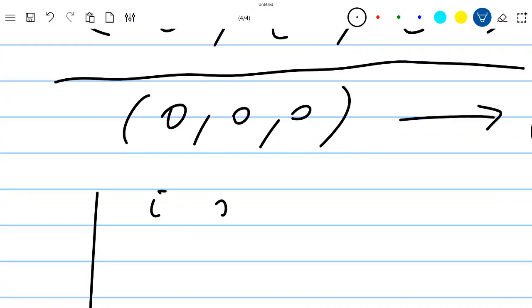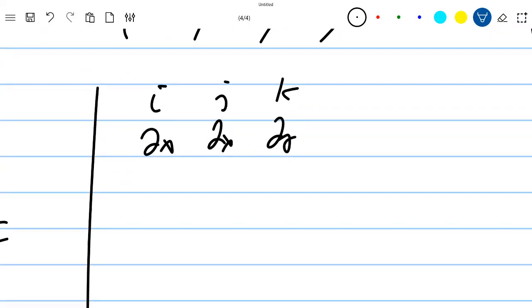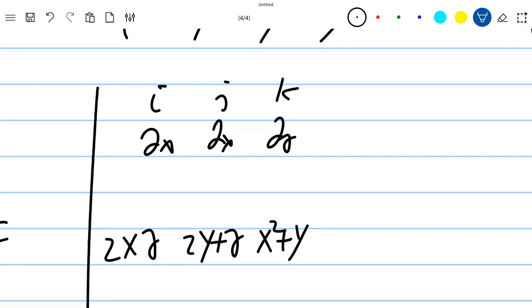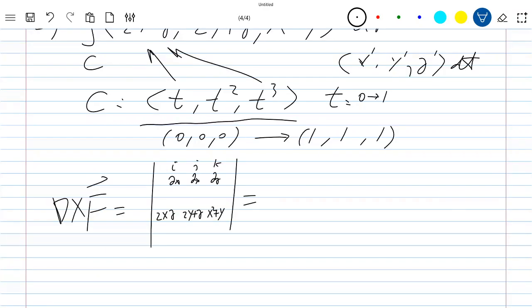I, j, k, partial x, partial y, partial z. And what's in there? It's 2xz, 2y plus z, x squared plus y. Alright, let's take its derivative. Okay, this cross will give you... sorry, this is 1, not 2x.